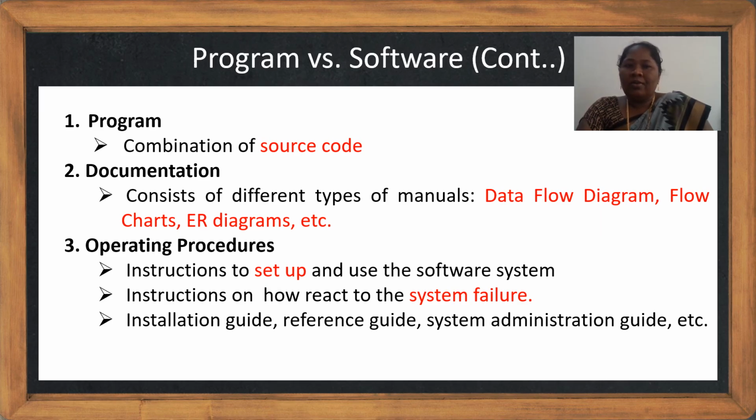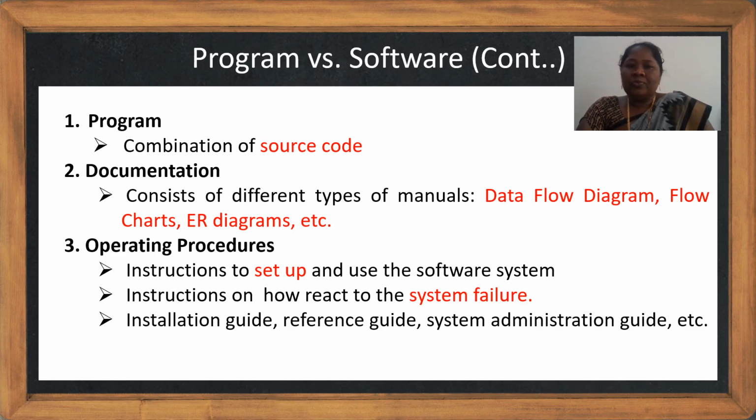Again, some more detail inside that figure. What is a program? It's a code. And what is documentation? Every documentation or project report consists of flow charts or ER diagrams, which represent how the application works and what the behavior of the entire application is. That is covered in the documentation.